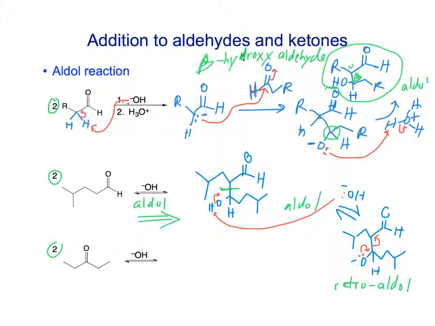I think just because we've traded sigma bonds for pi bonds, right? Sigma bonds are stronger than pi bonds. And because the aldehyde is very sterically unhindered, it doesn't get too sterically crowded.